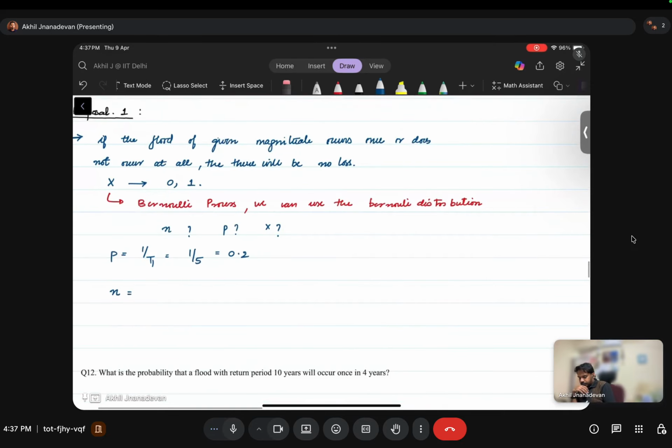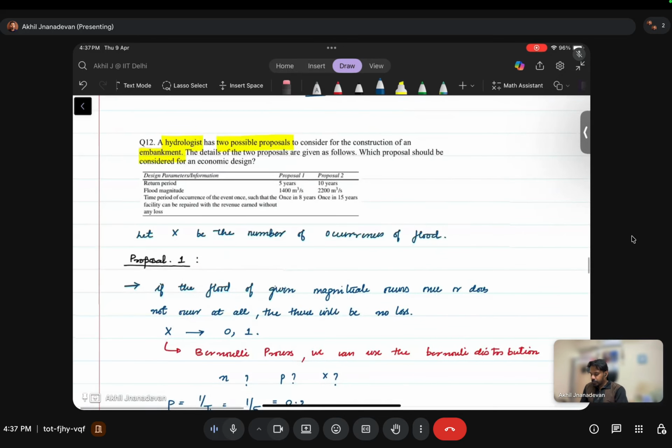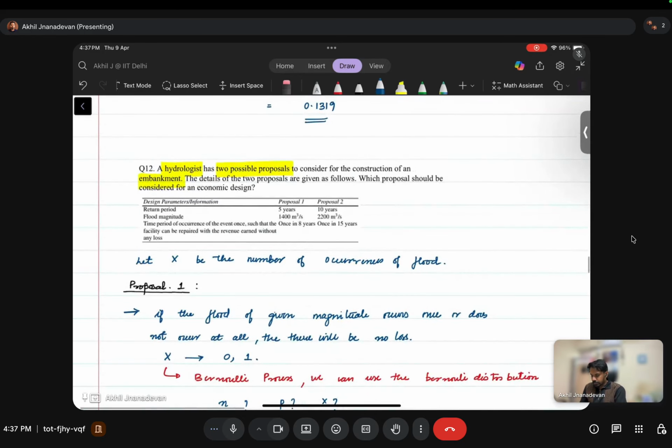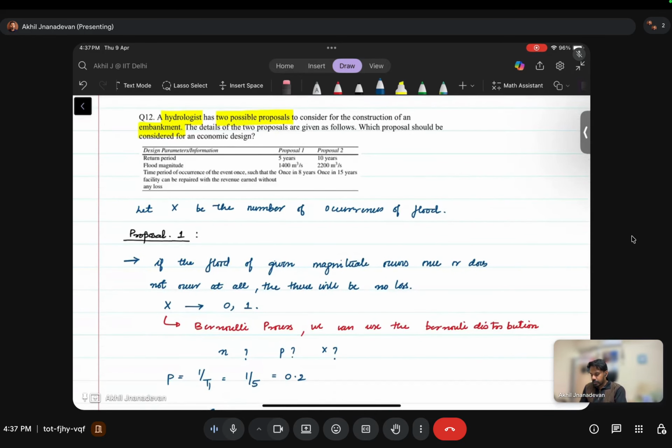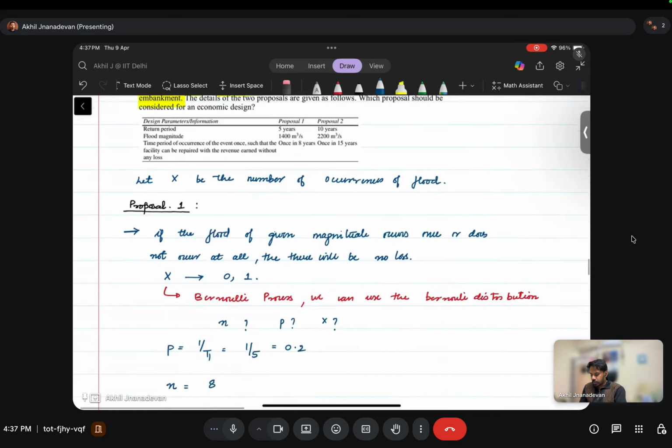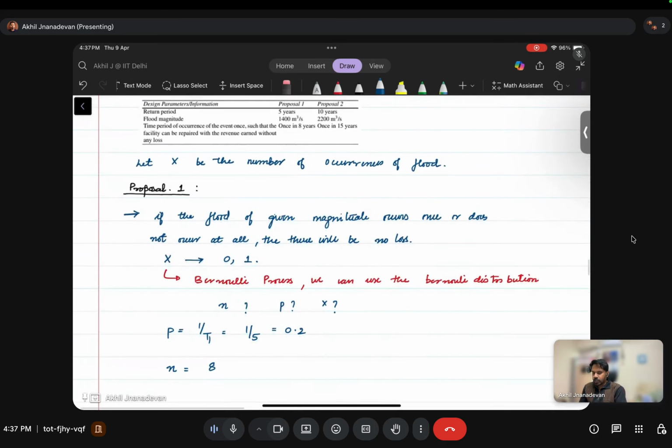If there shouldn't be any loss, then in 8 years it should occur at most once, or not at all.